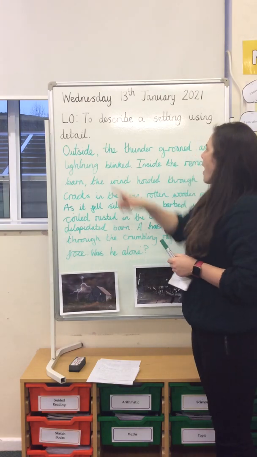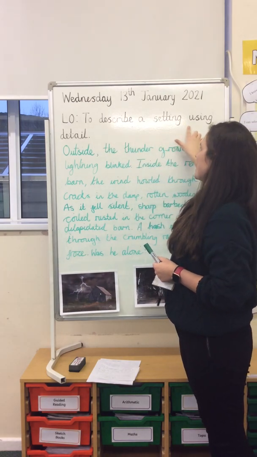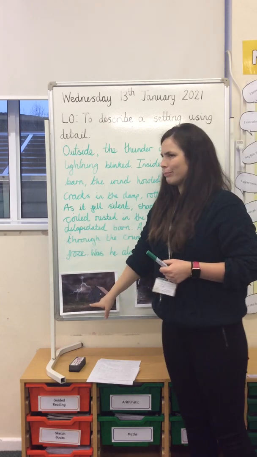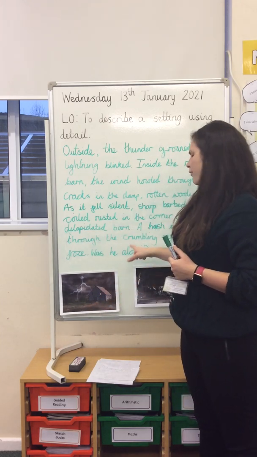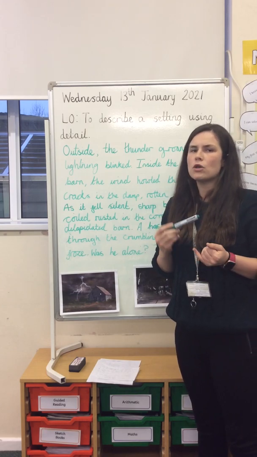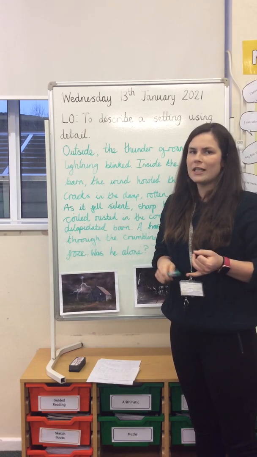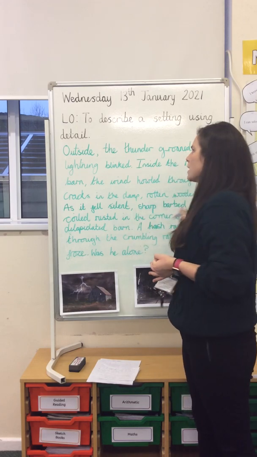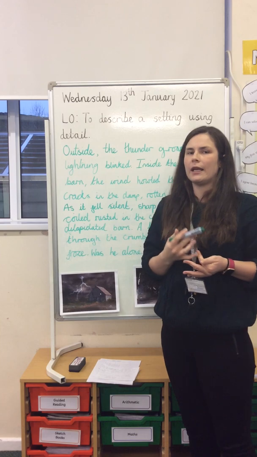Okay. My objective was to describe the setting. I have described my setting of my barn. I've used Omar. I haven't described Omar because this is not a character description. It's not a story. It is a setting description. I am describing what he can see, what he can hear.